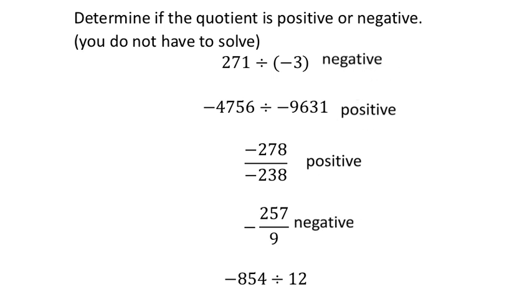So this one with the negative sign right there, if we had written it as the two values being divided, because it's showing only one negative, if you want that one negative to apply to the 257, you can. And this is a negative divided by a positive, which will produce a negative answer. But if you really wanted to, you could say, well, I'm going to make the 9 a negative.